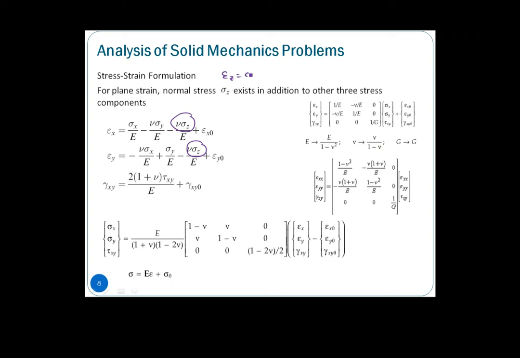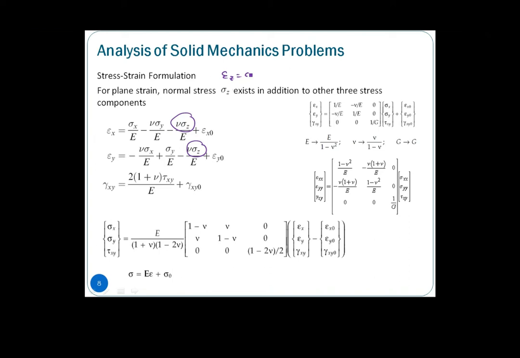So you also have epsilon x and epsilon y, the normal strains in the x direction and y direction. You also have contribution from the normal stress in x, y, and z. So that is a little bit of difference between the plane stress condition and the plane strain condition, where you have the z component coming in.